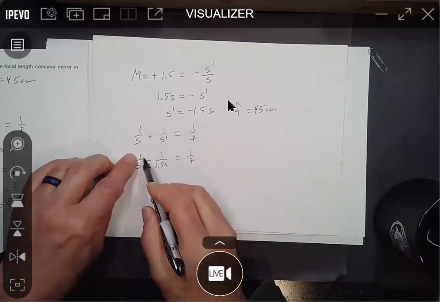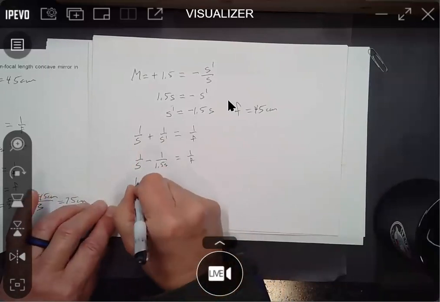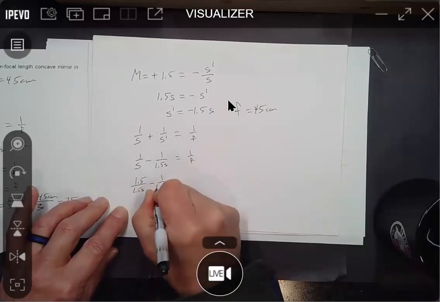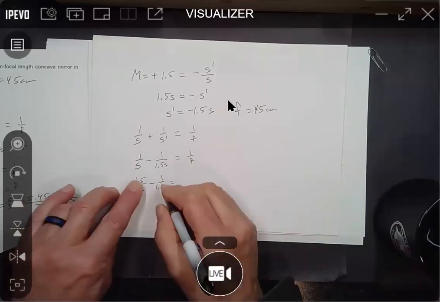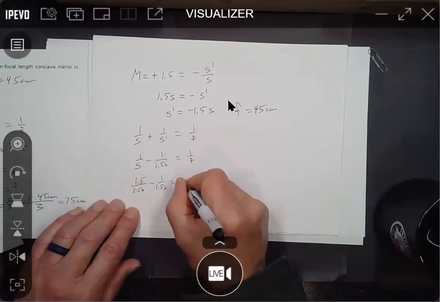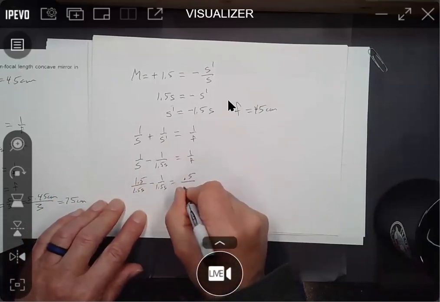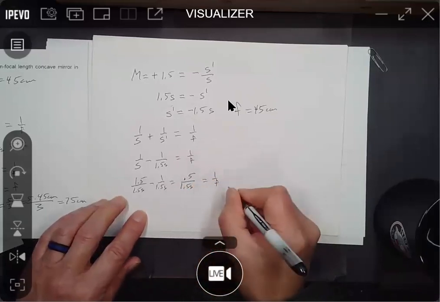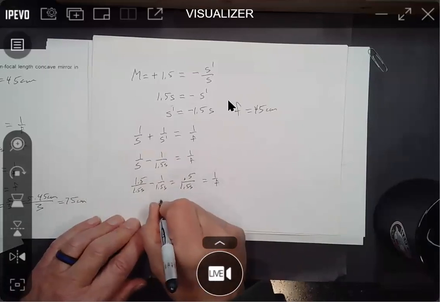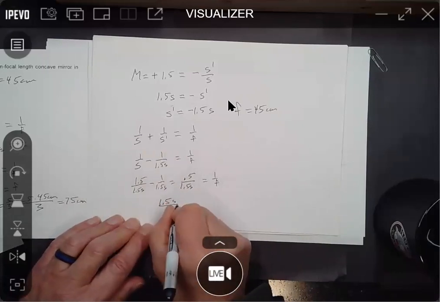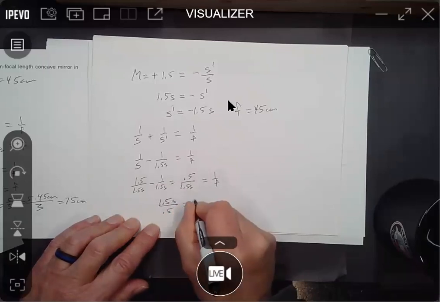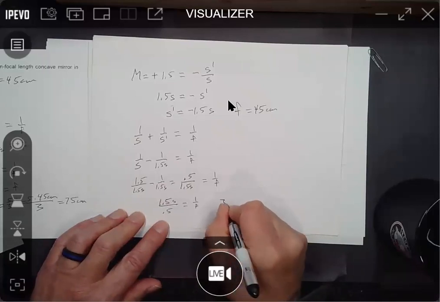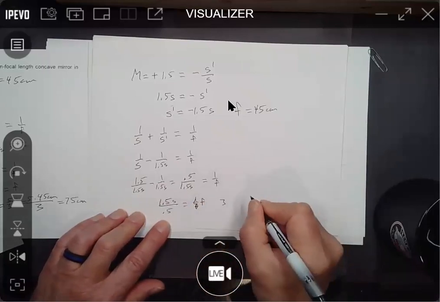Multiply top and bottom of this one by 1.5. 1.5 over 1.5 s minus 1 over 1.5 s is equal to 1.5 minus 1, which is 0.5, over 1.5 s, equal to 1 over f. Flip both, and I get 1.5 s over 0.5 is equal to f. This looks like 3s is equal to f, because I flipped it.